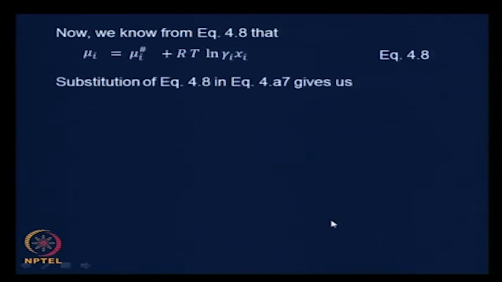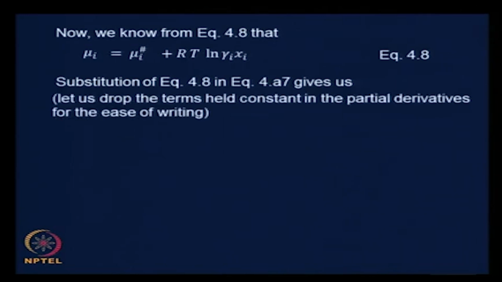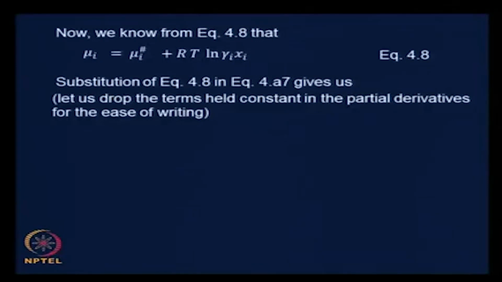I will show you one step and leave you to work through a few more, and while doing that I am going to drop the terms that are held constant in the partial derivatives. We are very clear that the temperature, pressure and all other mole fractions except the one taken for differentiation are held constant. So, we will take that for granted in the remaining part of this derivation, just for the ease of writing, because otherwise we will have to write so many different terms being held constant in each partial derivative.